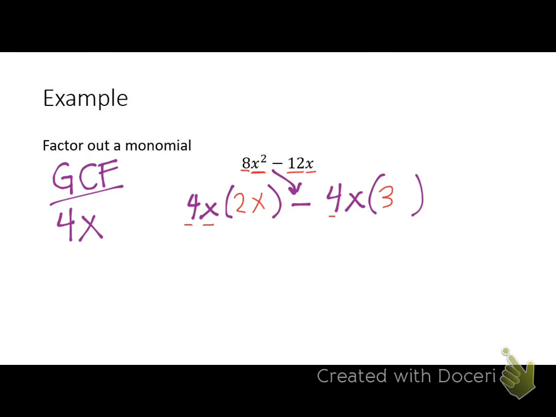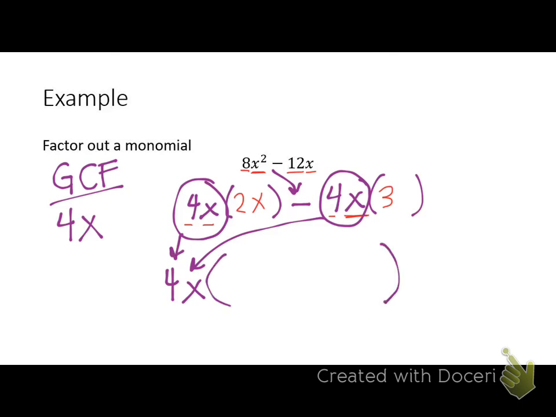And then I used my only x, so it's just a 3. So when I factor that 4x out, in parentheses I'm going to have two terms. I'm going to have a minus in between them because I'm going to keep that sign. And I have 2x up front and a 3 in the back.